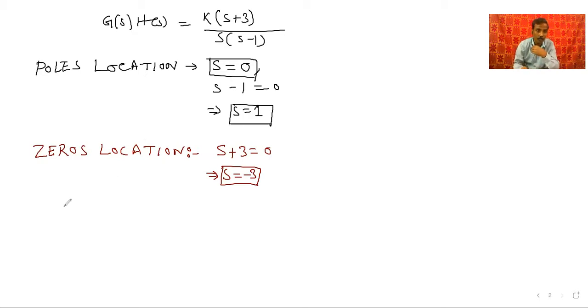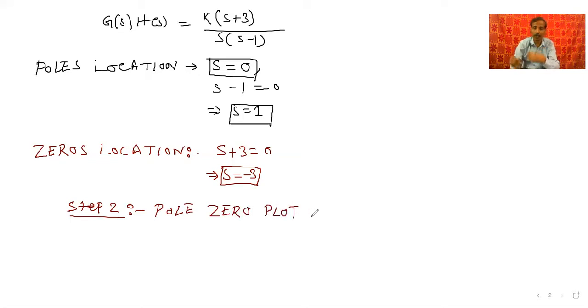Step 2, pole zero plot. So first draw the real and imaginary axis.